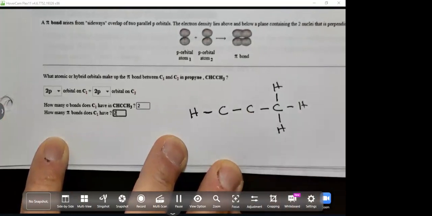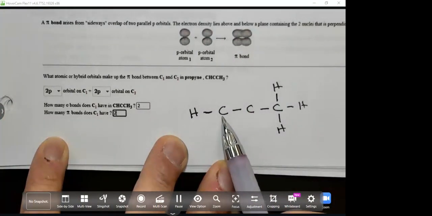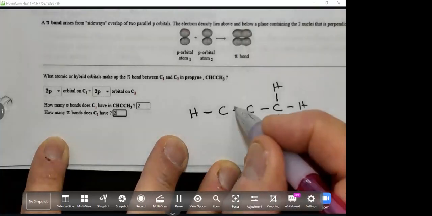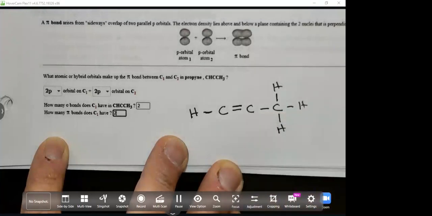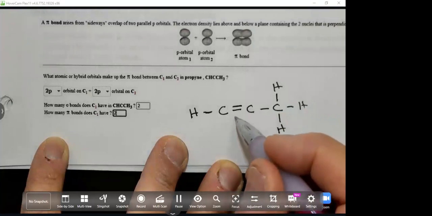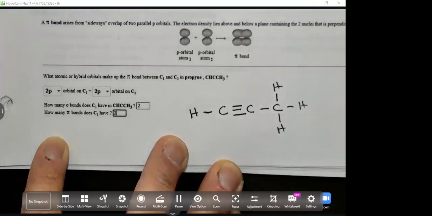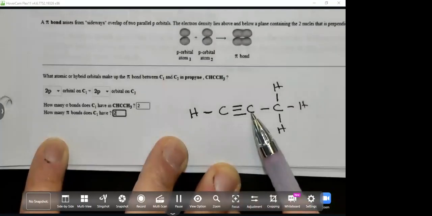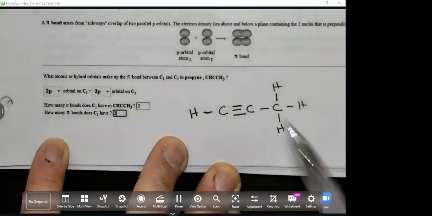So that means in order for the first and second carbon to have 4 bonds, that would be our structure. This is our CH, this is our C, and then our CH3.